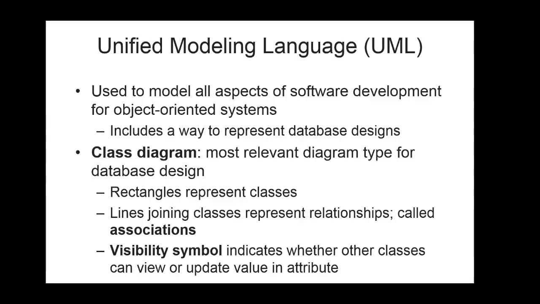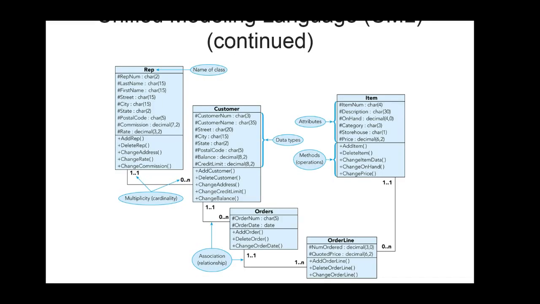In class diagrams, rectangles represent classes. Lines joining classes represent relationships, and they are called associations. Visibility symbols indicate whether other classes can view or update the value in the attribute. So this is an example of a class diagram.